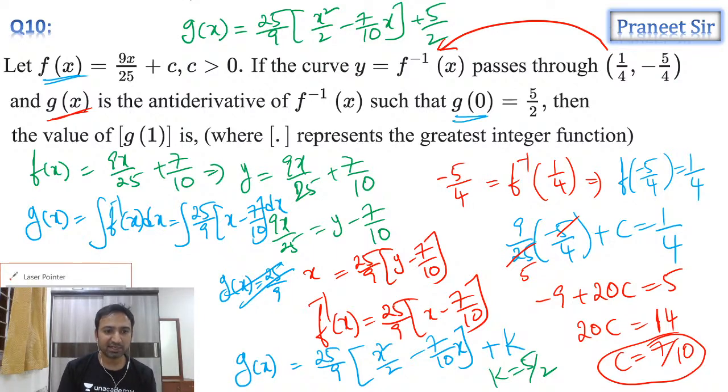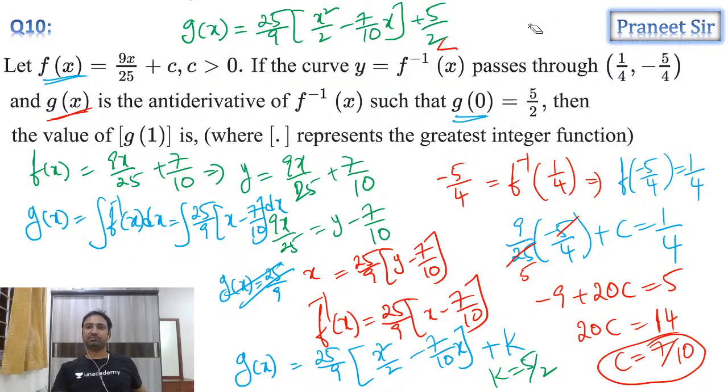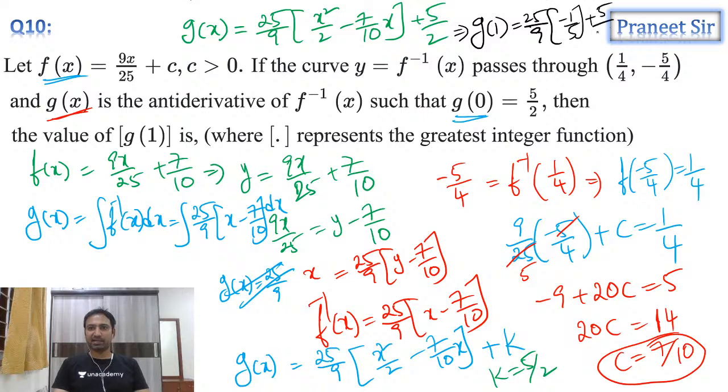Let's calculate g of 1. So g of 1 is going to be 25 by 9 into 1 by 2 minus 7 by 10, guys. That is 5 by 10 minus 7 by 10, minus 2 by 10. That is minus 1 by 5, plus 5 by 2.